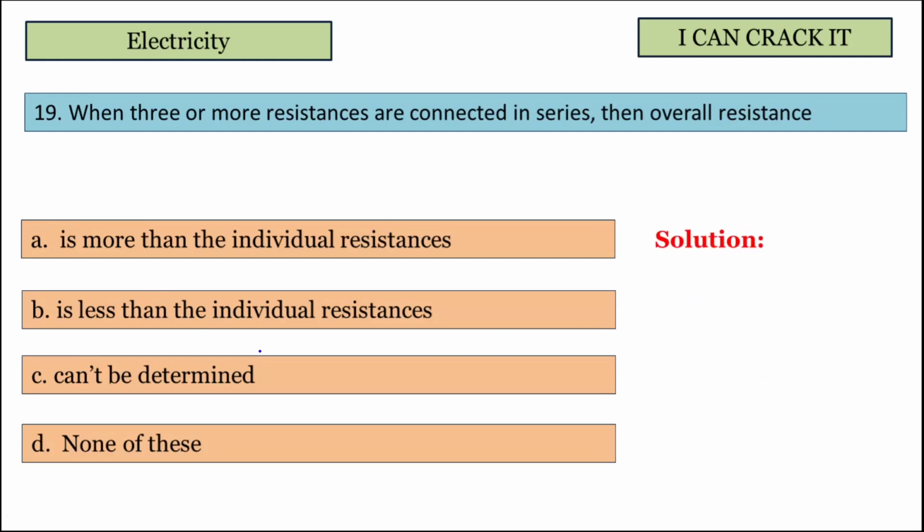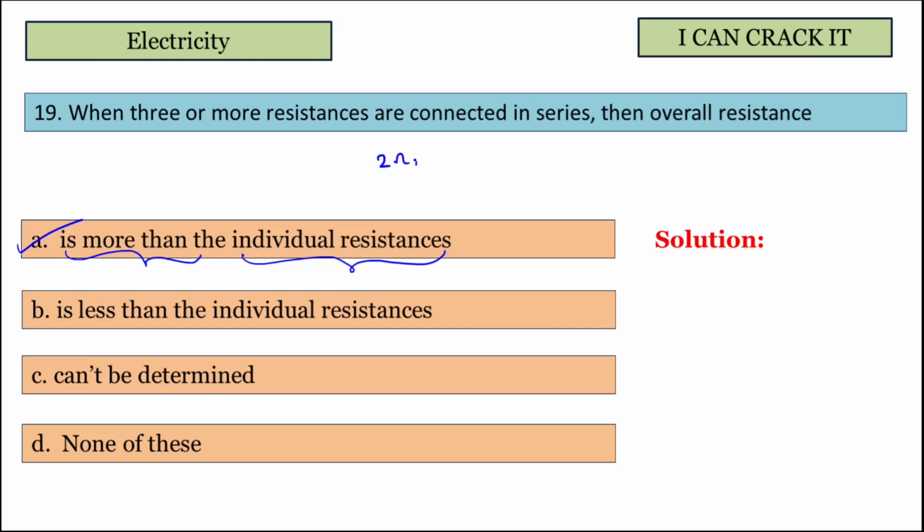When three or more resistors are connected in series, the overall resistance is. I told you this in the synopsis. When the resistors are connected in series, the overall resistance increases. So which option? Option A, you can see the overall resistance is more than the individual resistances. Let's see why.